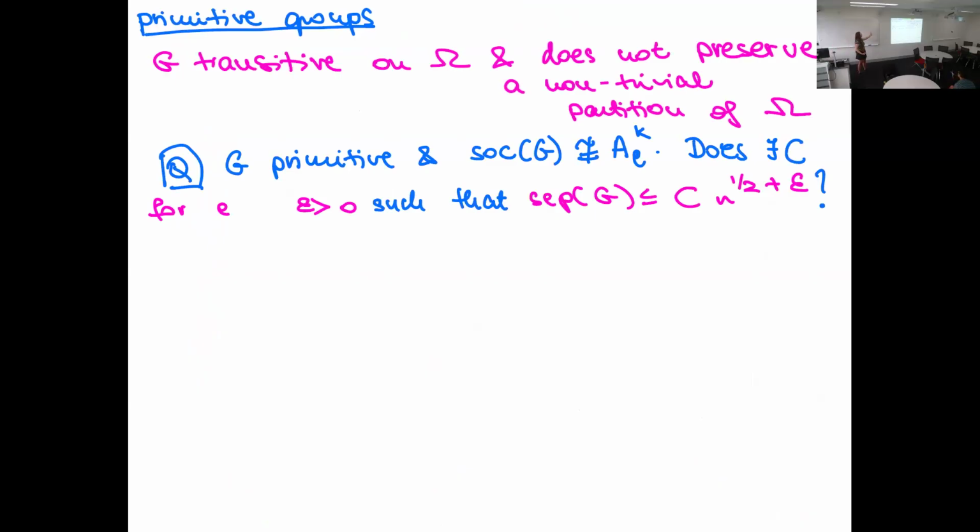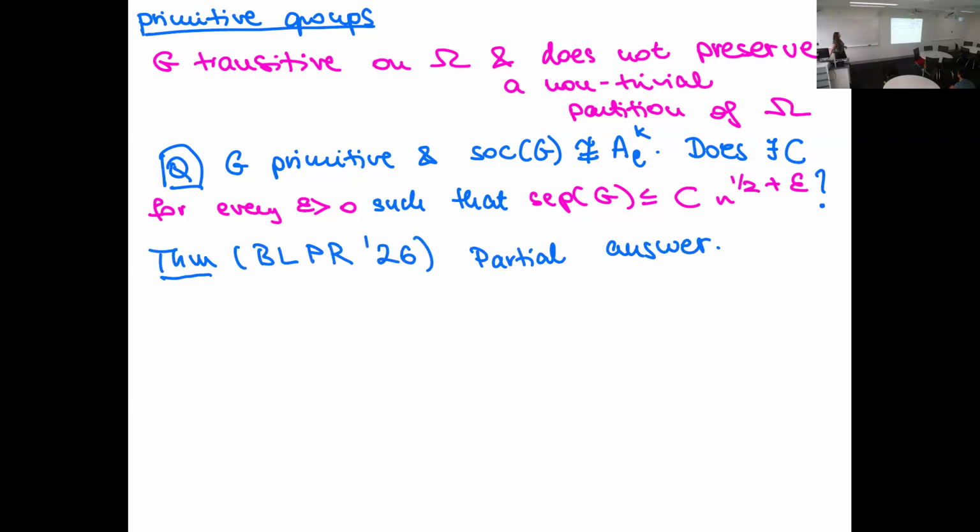But in general, if G is primitive, can we find some constant C for every epsilon greater than 0 such that the separability number is bounded above by some C times n to the 1/2 plus epsilon? So can we have the separability numbers sandwiched between square root of n and something that is close to square root of n in some sense?